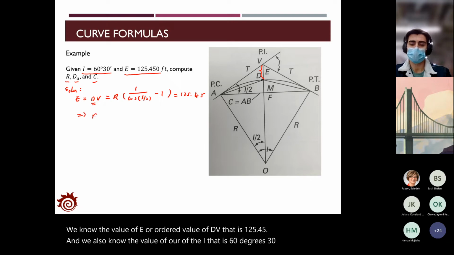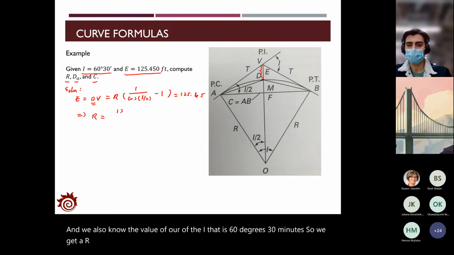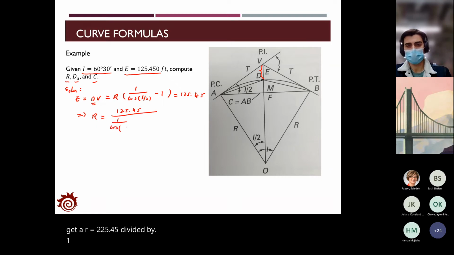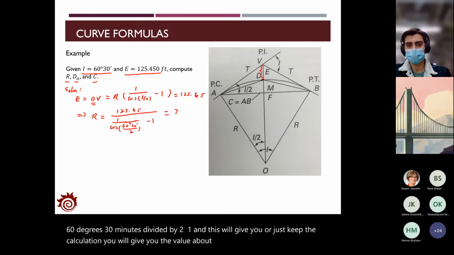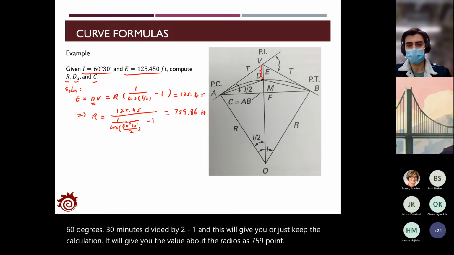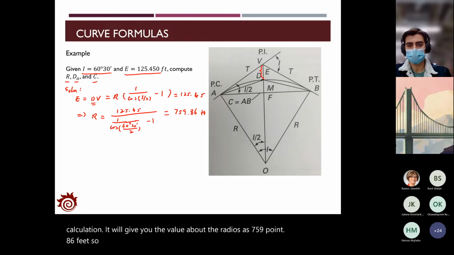So we get R equal to 125.45 divided by 1 divided by cosine of 60 degrees 30 minutes divided by 2, minus 1. I'll just skip the calculation. It will give you the value of the radius as 759.86 feet.